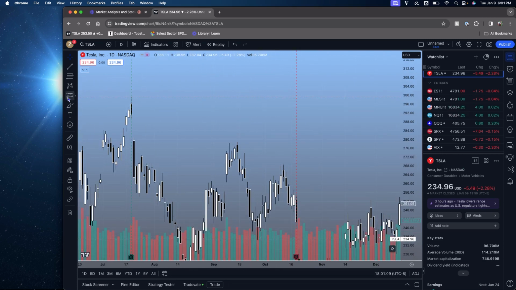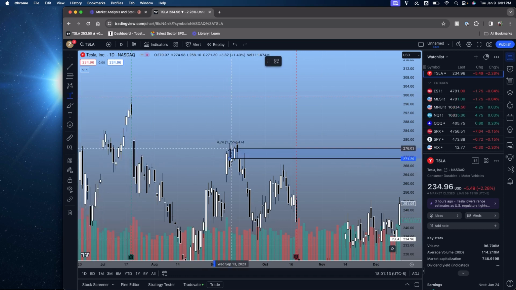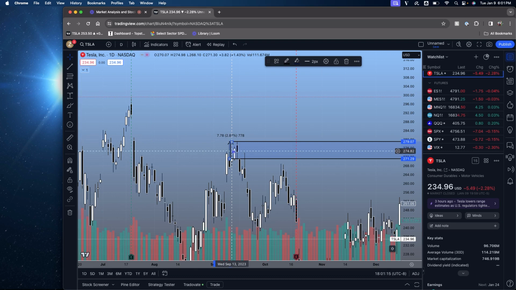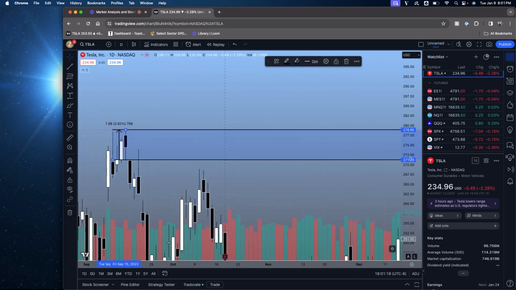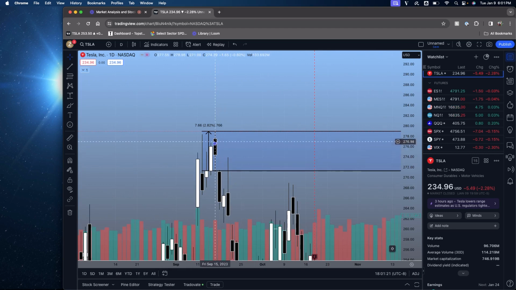But what we can do is look at this lower high. If I end up just putting this specific range, what we're looking at is this black candle right here. Let me actually put in an arrow. We're looking at this specific black candle right here.